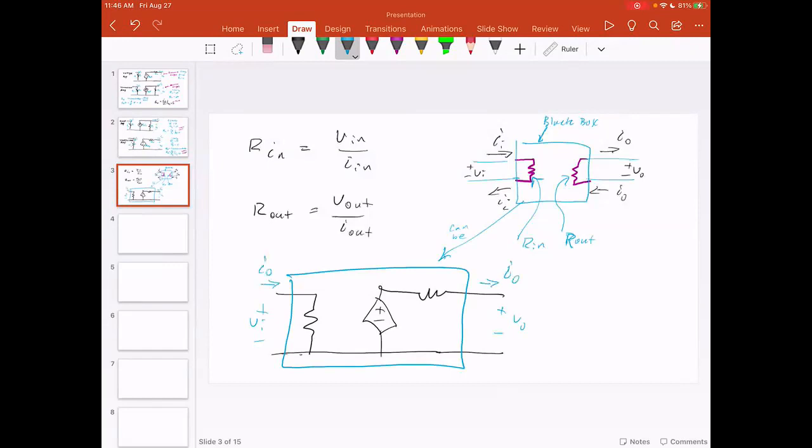If we could measure those quantities, then we know what value of Ri must be in there, and what A naught Vi is in there, and what R naught is there. If we can measure those input and output currents and voltages, we can figure out what we could arbitrarily decide is inside. It's not actually necessarily what is inside, but in effect, it's as if that's what's inside.